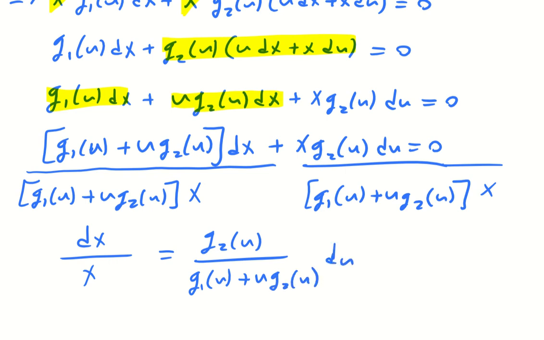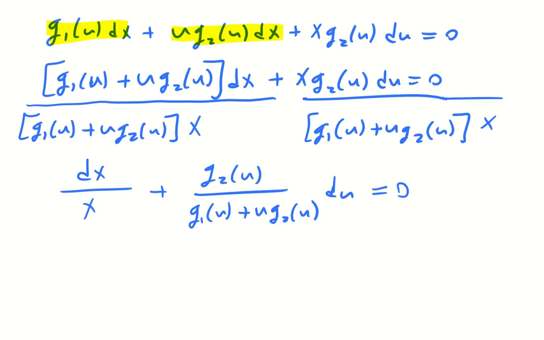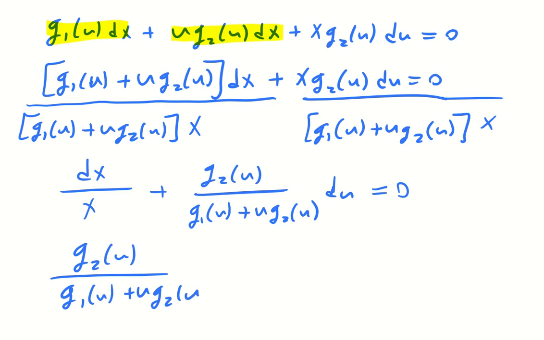I'm sorry, just by habit, I haven't moved anything to another side of the equation. So this is plus, equals 0. And then I could move something, so g sub 2 of u over g sub 1 of u plus u times g sub 2 of u du is equal to minus dx over x, and then we could integrate.